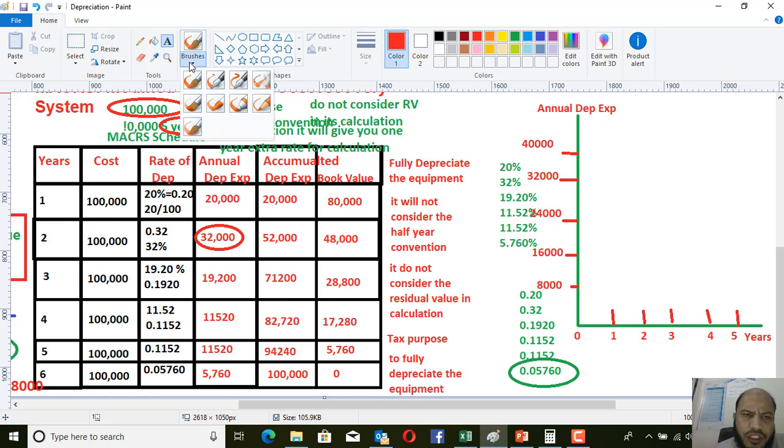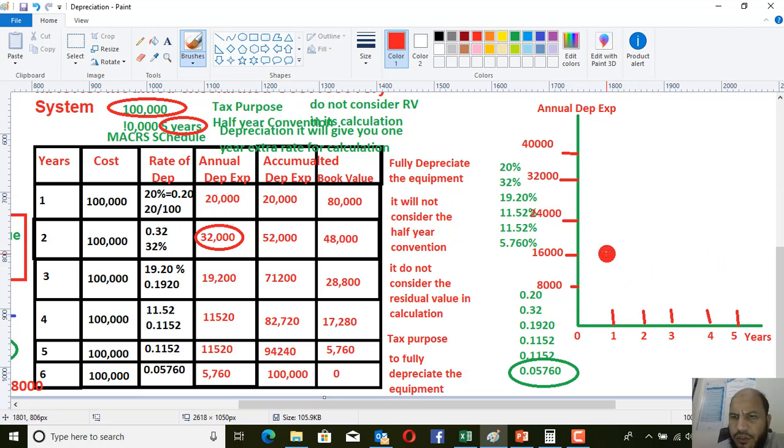Now, dear students, let's draw the annual depreciation amount here. So see, in year 1 we have 20,000. Consider that 20,000 is over here at this place.